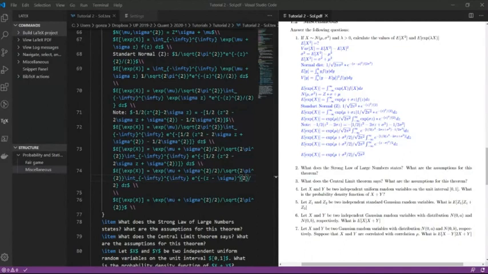I'm gonna write them down in a sec, but the weak law states that the difference between your sample mean and your population mean, in absolute terms, should not be greater than an epsilon, so a really small value. So you have a little bit of leeway with the weak law.